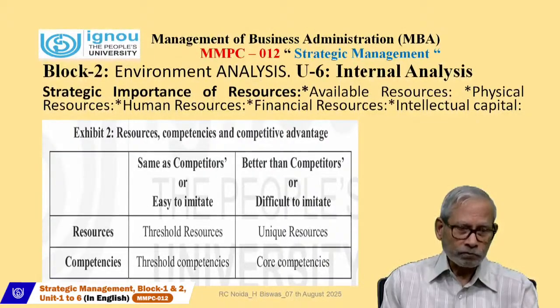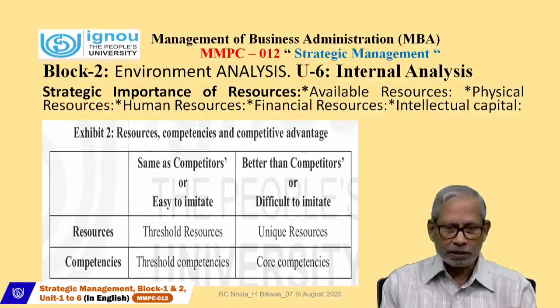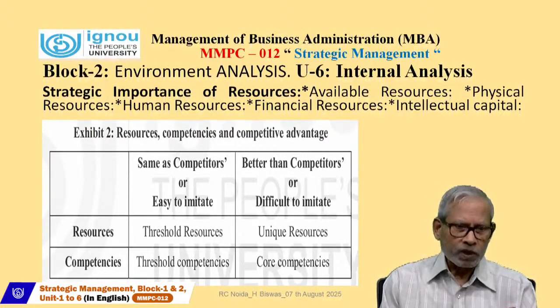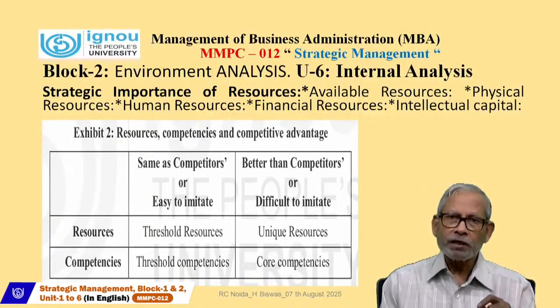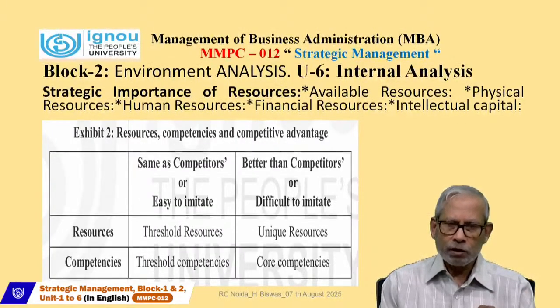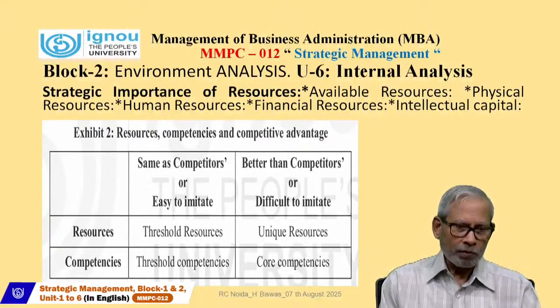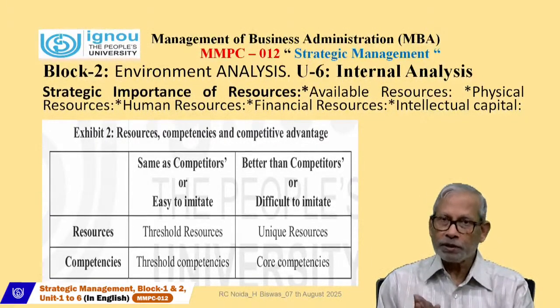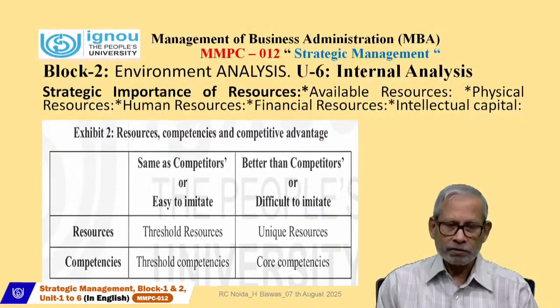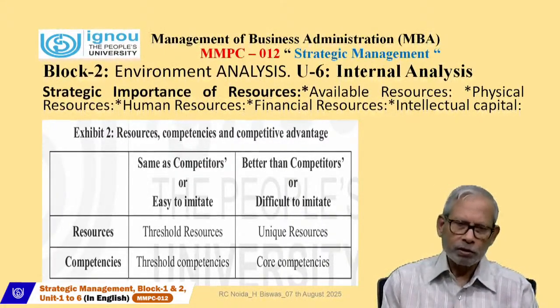Now, resources, competencies and competitive advantages. Some resources are threshold resources, and some are difficult to imitate; these are your unique resources. Competencies can be threshold competencies, but in comparison with competitors, those that are better are core competencies.